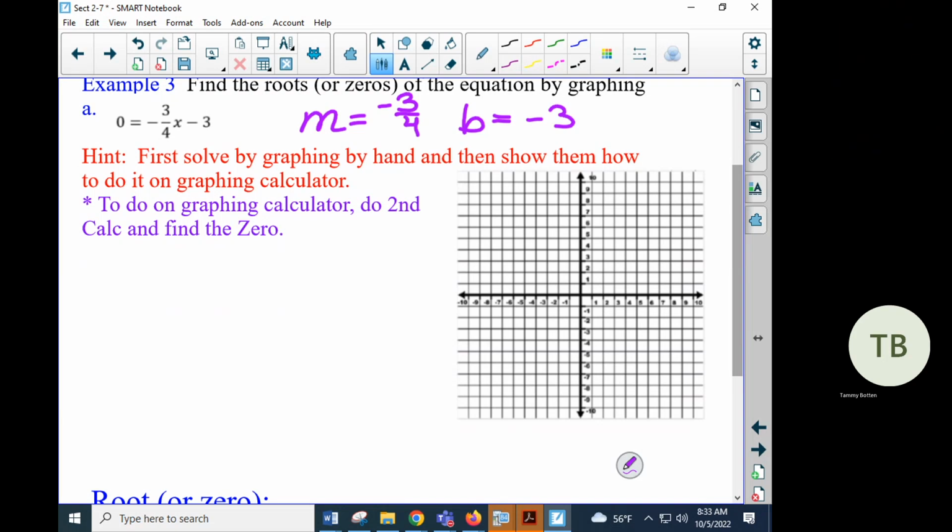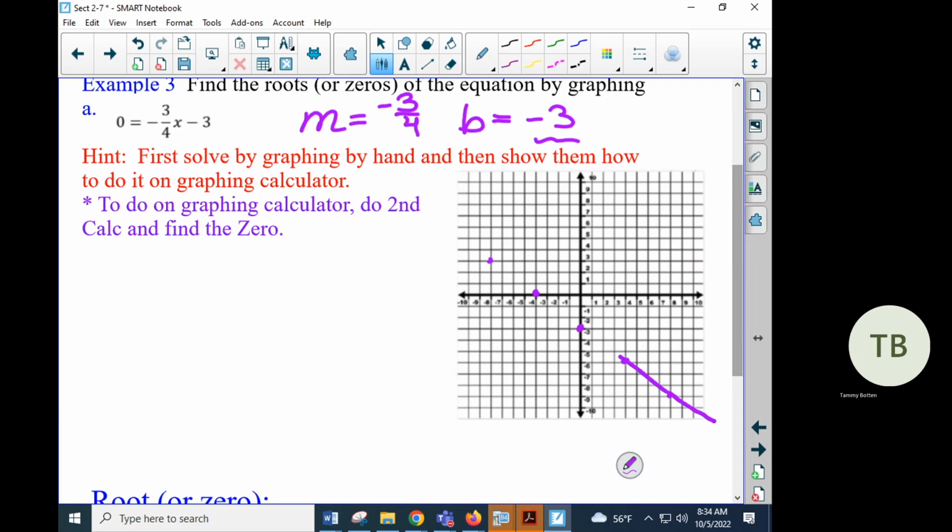So if I had to graph that, I'd go down to my y-intercept, which is -3. I'd go down 3, 1, 2, 3, and over 1, 2, 3, 4. Then I'd go down 1, 2, 3 over 1, 2, 3, 4. Okay. So on this, you'd have to be kind of exact. So I'm going to go up 3, left 4. And that should show us where our graph is going to cross the x-axis.